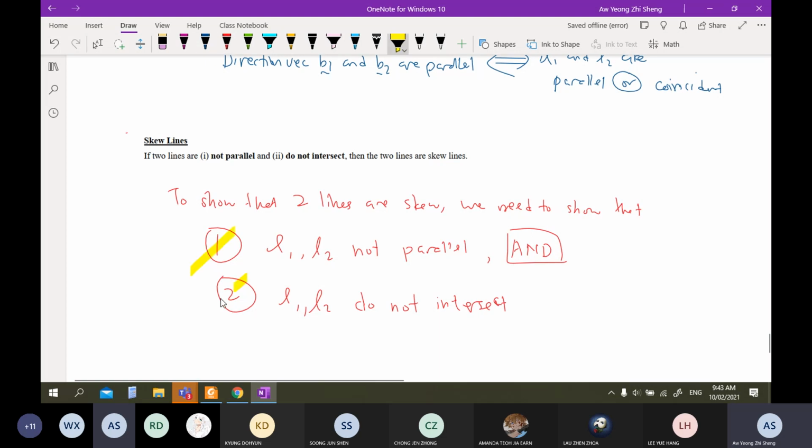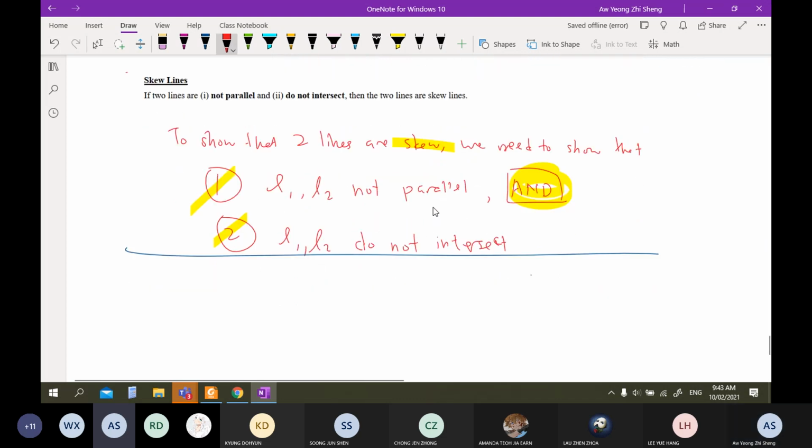You have to establish these two conditions. It's an AND connector here, so you have to establish both. Then only you can conclude that two lines are skew. And so skew lines must be not parallel and don't intersect. You need both conditions to hold.